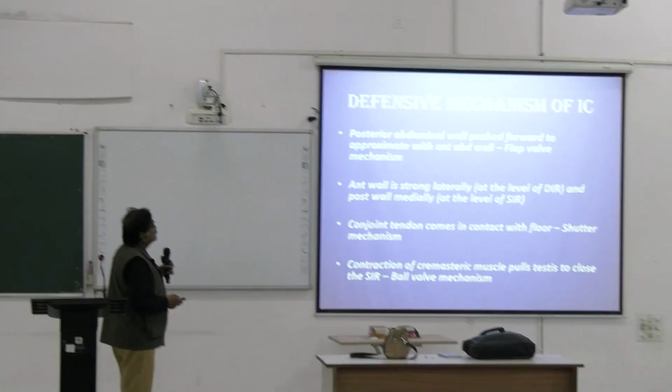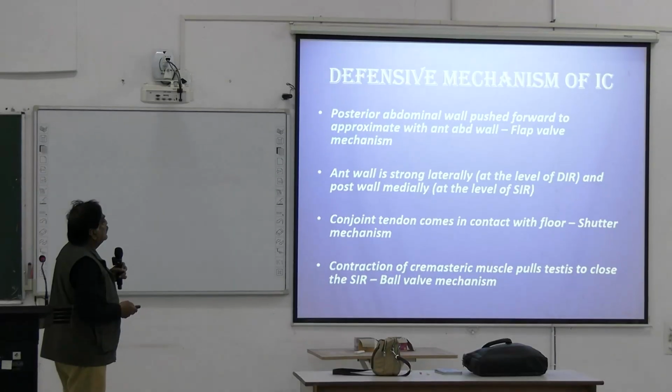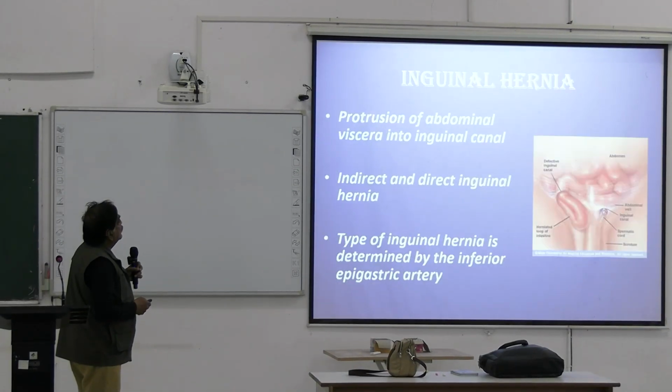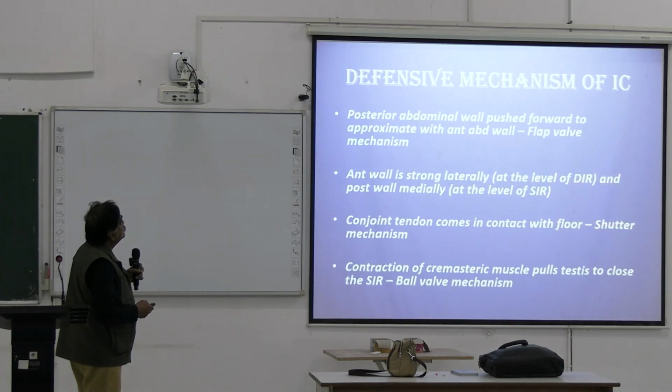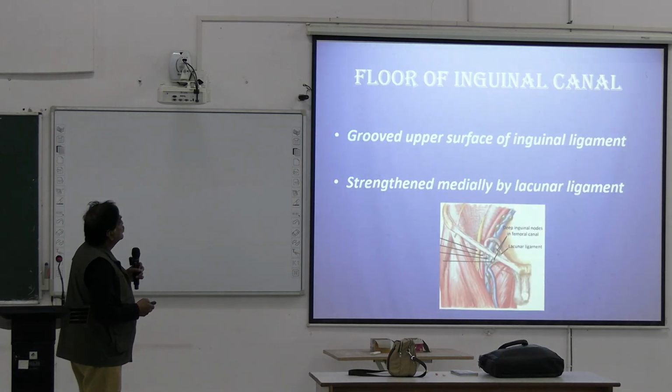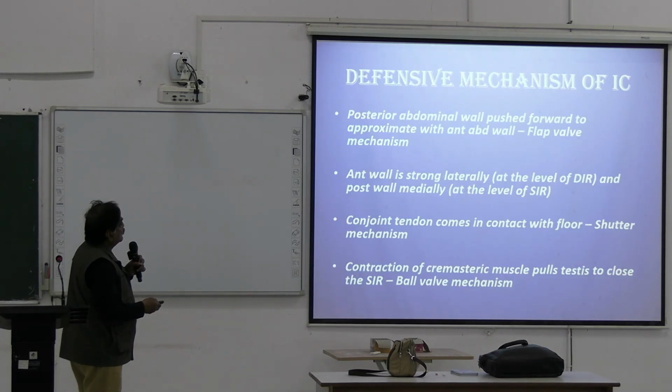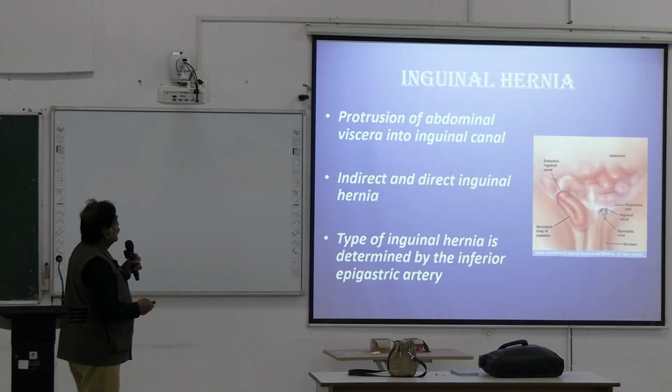Now, this is the grooved upper surface of the inguinal ligament, strengthened medially by the lacunar ligament. Now, defensive mechanism of the canal: the posterior abdominal wall is pushed forward to approach the anterior abdominal wall, a flap valve mechanism.